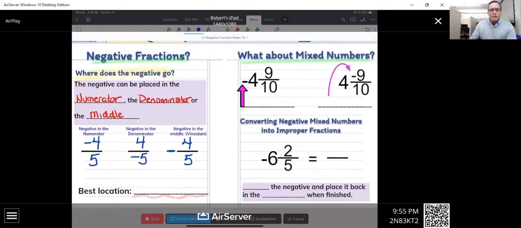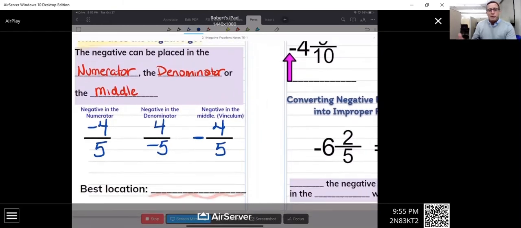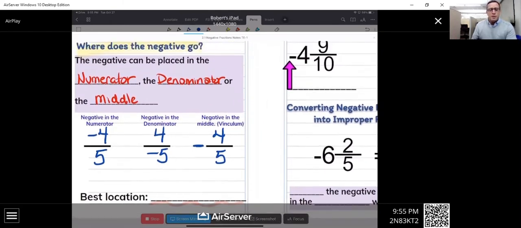I'm a math teacher, so I have an opinion about this, but especially when it comes to adding and subtracting, I would say the best location is in the numerator. Having it like this is the best way to express a negative fraction. Putting it there in the top is going to save you a lot of confusion.